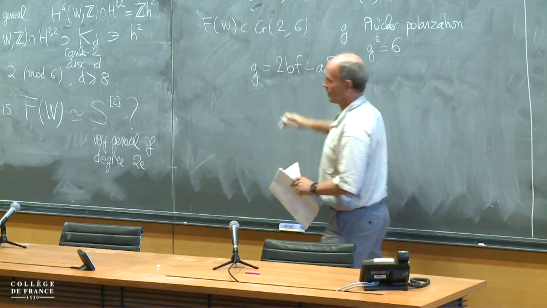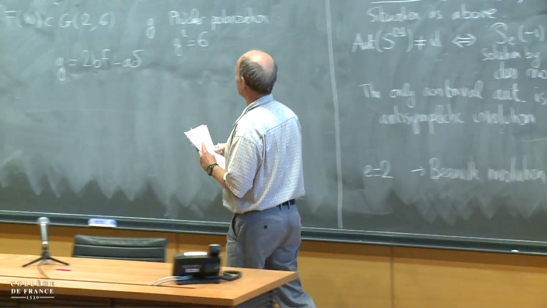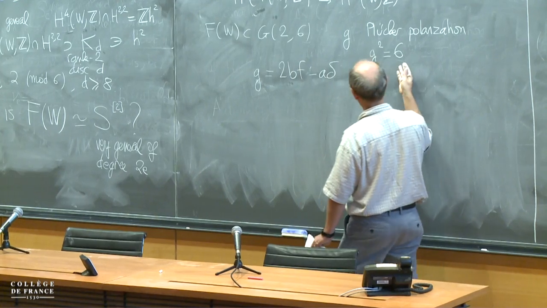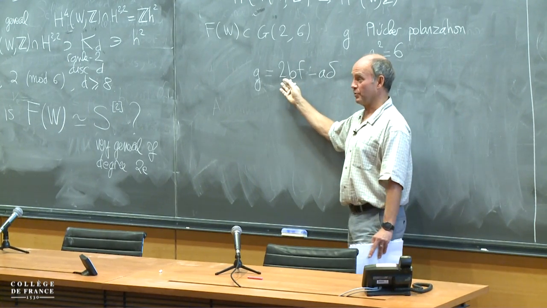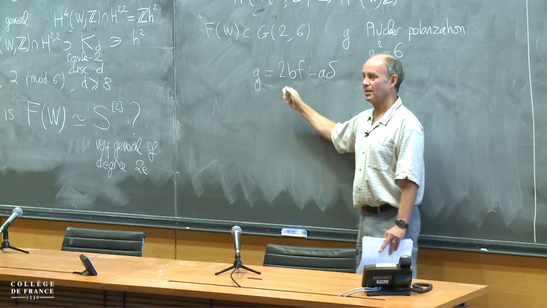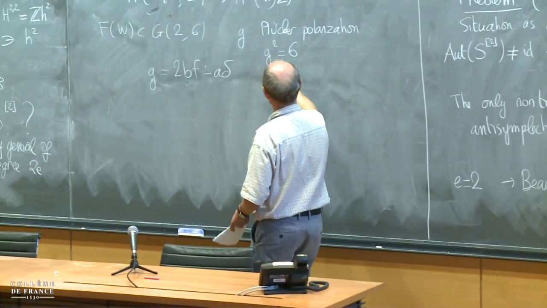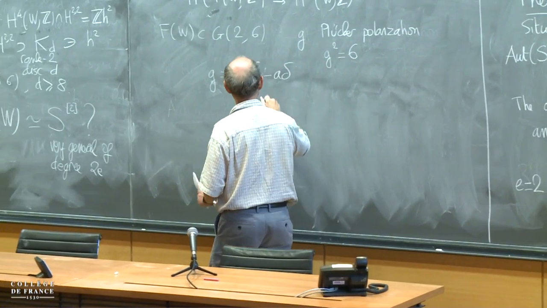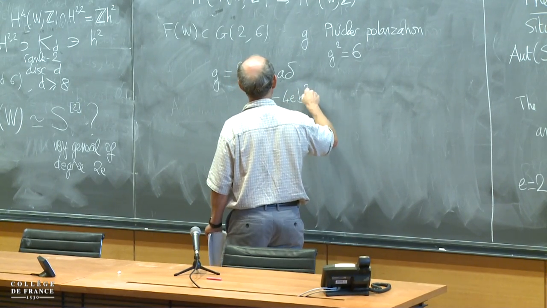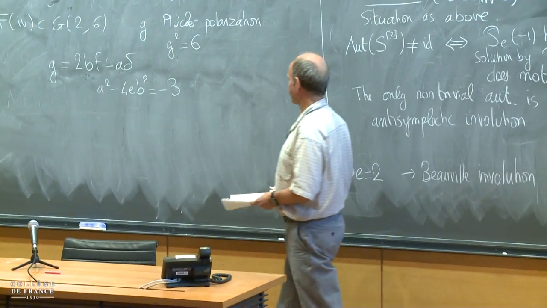So a priori, why is this first coefficient even? It's because the divisibility of g is 2. If you intersect g with anything else, it has to be even. So this is always true for this factor here, so this term here needs to be even. So if you compute g squared, you find this equation, so it's again a Pell-type equation.